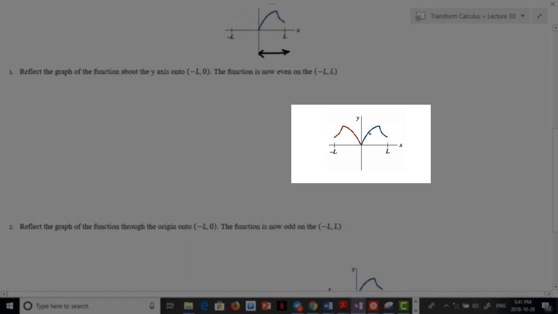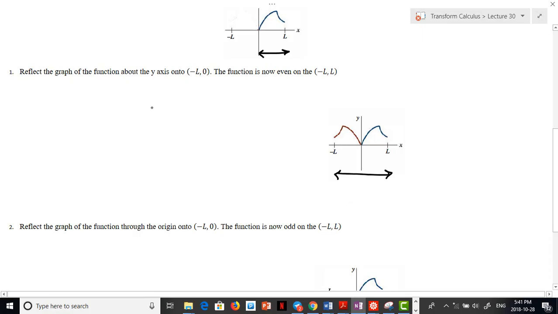Now we just reflected this function with respect to y, so the red one is the reflection of the blue one. Now in this range from minus L to L, which is a symmetrical range, we have an even function, and for an even function we can easily define a cosine series.